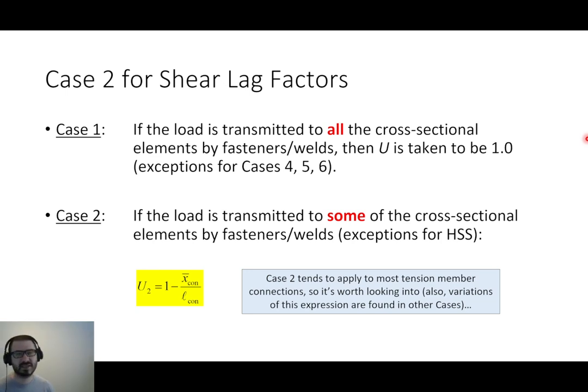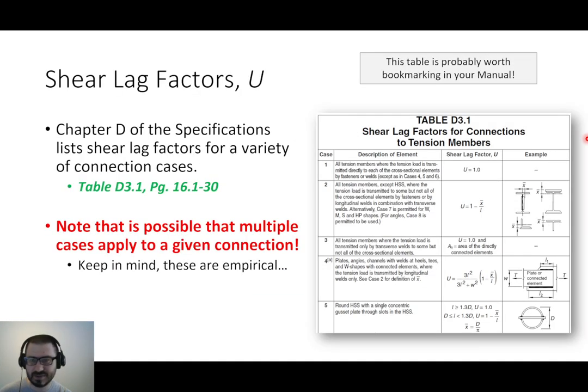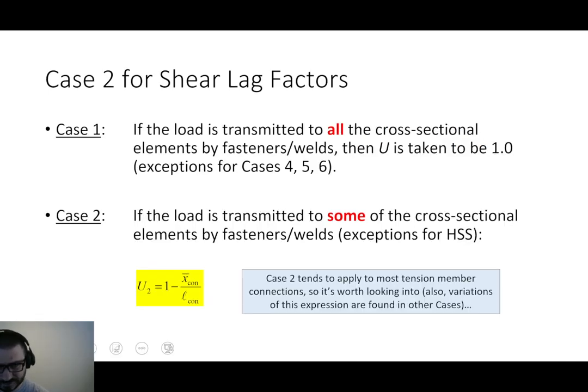But in most instances, we're going to have that the load is transmitted to some of the cross-sectional elements by fasteners or welds, in which case this is going to be our formula here. Now, that formula is formatted slightly differently than the table. The table says 1 minus x bar over L. And instead, what I'm saying is 1 minus x bar sub CON divided by L sub CON.